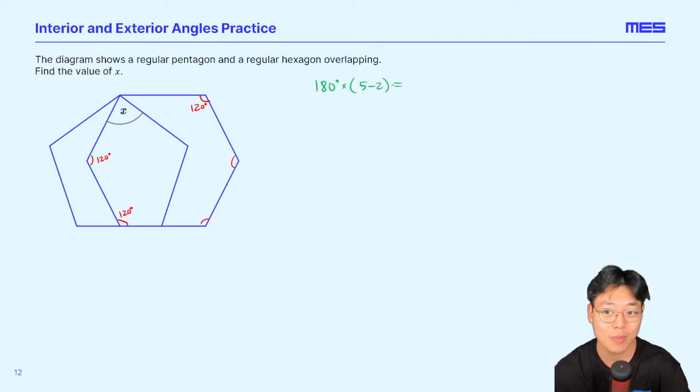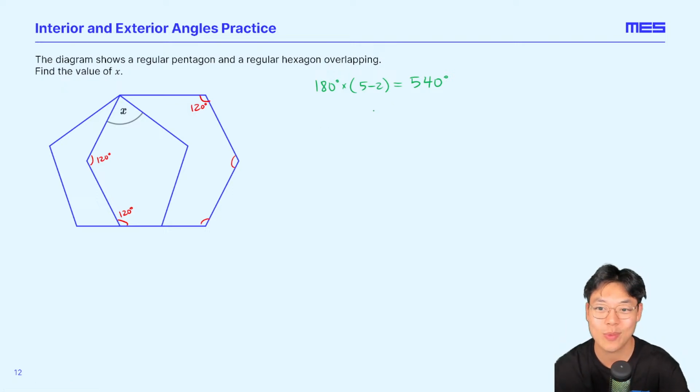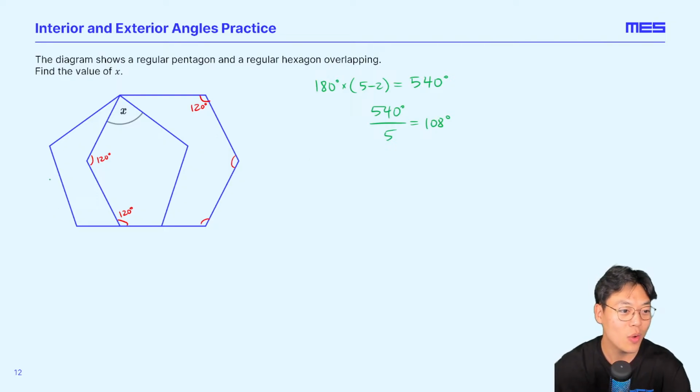And 180 times 3 is 540. And we're going to divide that by 5. So I know, Gary, earlier you said 108. I think this is where that would come in very handy. 540 divided by 5 would equal 108 degrees. So all of these green angles are going to equal 108. So here I have 108 and 108.